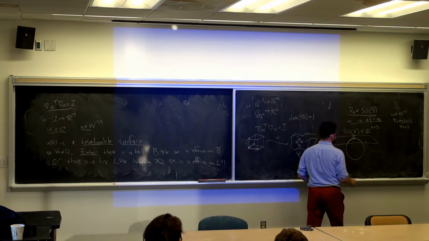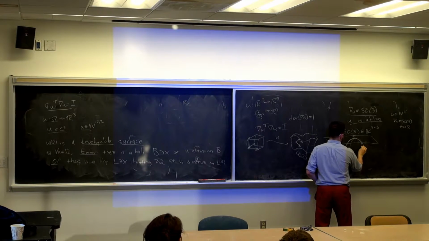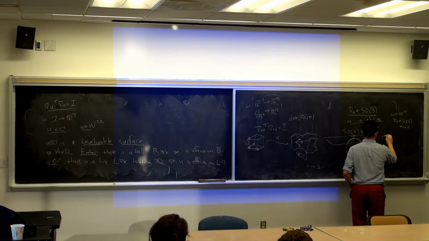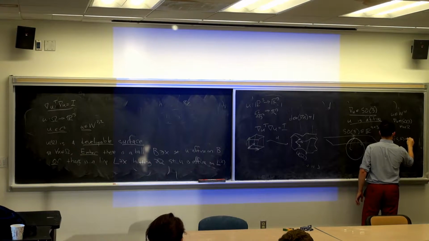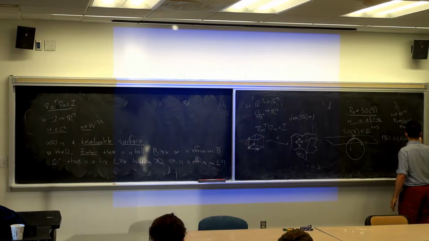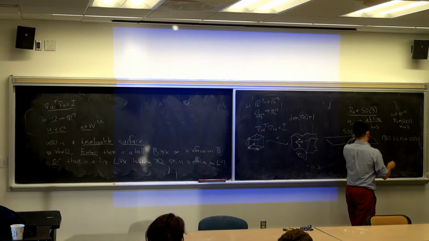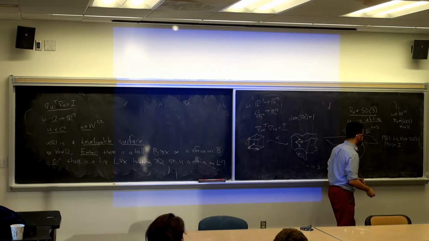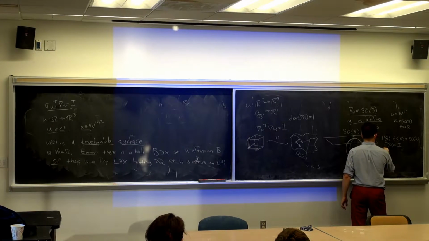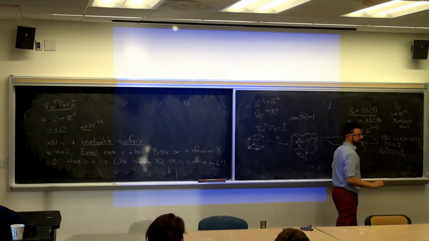So for the tangent space, we consider some curve gamma of t into SO3, so that gamma of 0 is the identity. This tells us that gamma of t transpose gamma of t is always equal to the identity.